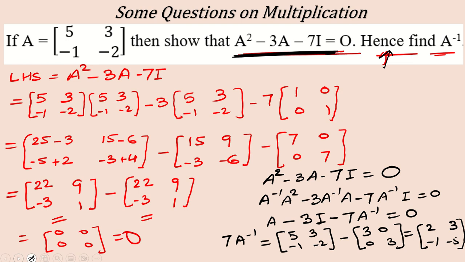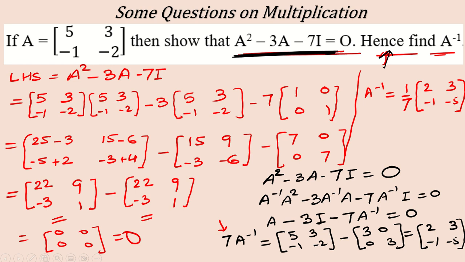So what will be the answer? I am writing here, the answer will be A inverse is equal to, this 7 will go in the division, so 1 over 7 times 2, 3, minus 1, minus 5. This will be the answer.